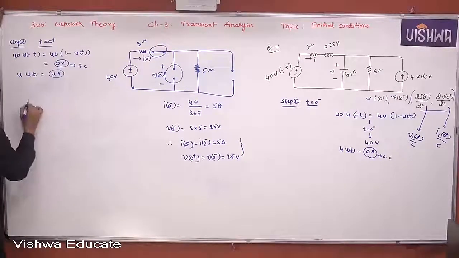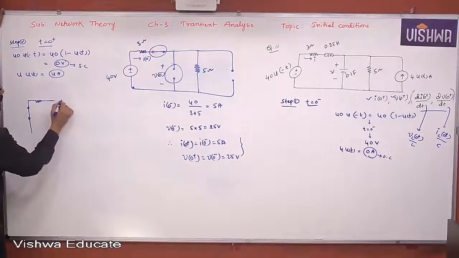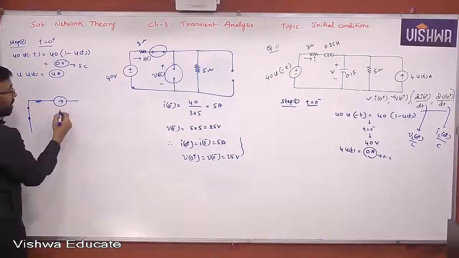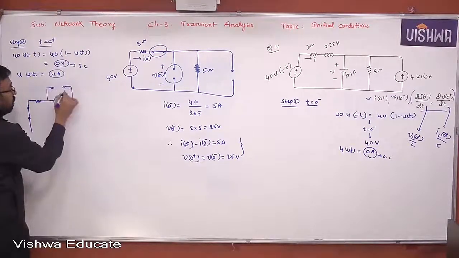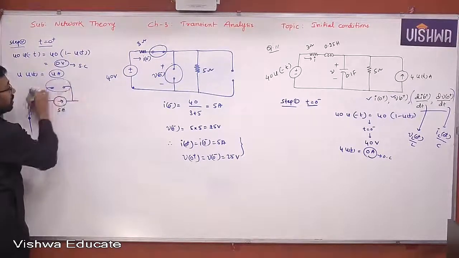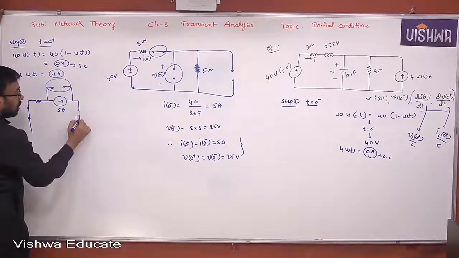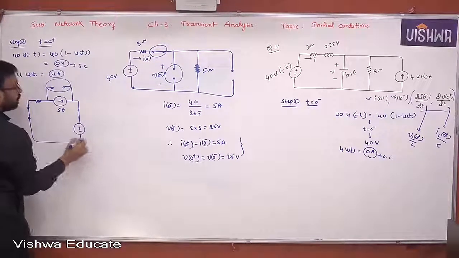Short circuit means it is something like this. And the resistor remains a resistor. And the inductor is replaced by a 5 ampere current source in parallel, the inductor model. Understand? Next, the capacitor: a voltage source with a series capacitor model.